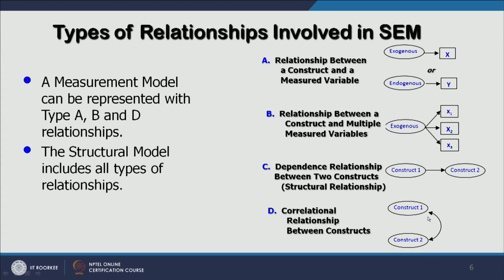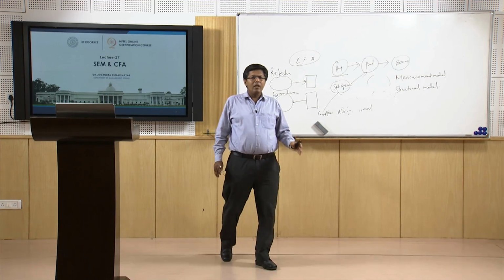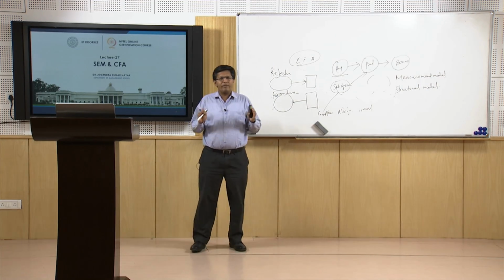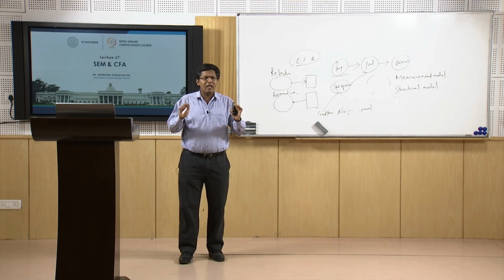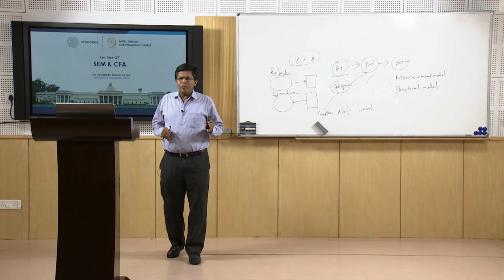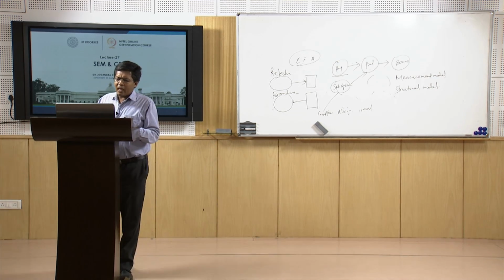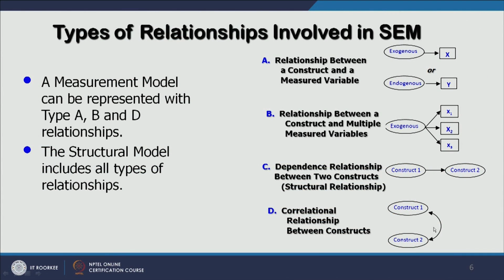We say SEM is basically a covariance structure. The model that we build in SEM applies a covariance matrix, right. So here both the constructs are affecting each other, right.